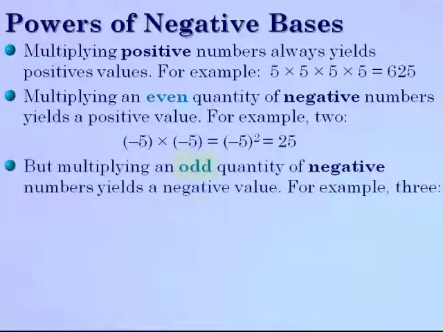If we multiply an odd quantity of negative numbers, we'll get a negative value. So if we have 3, 5, 7, 9, odd numbers of factors that are negative, we'll get a negative number. So if we have (-5) cubed, where -5 is a factor 3 times, then the result will be -125.